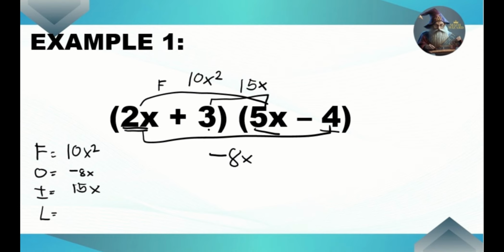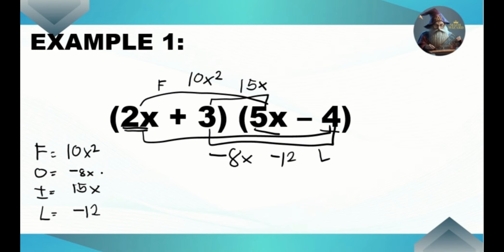And our last, 3 multiplied by negative 4. That is what they call L or last. So, positive 3 times negative 4. Positive times negative, that is negative. And 3 times 4, that is 12. So, that is negative 12.